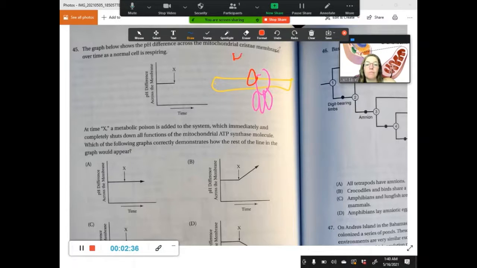So this proton pump lets protons come in, H+, and for each one that comes in, this turns a certain distance. So it's just like a hand crank, except it's being cranked by protons. So you've got all your protons here, and you've got your protons down here that have been pumped through.